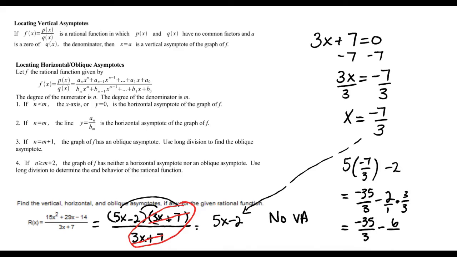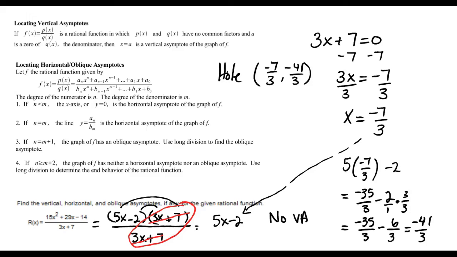So that would be 6 over 3. Now I have a common denominator, I can combine the numerators. Negative 35 minus 6 would be negative 41. And so I would have a hole in the graph at the point negative 7/3 and negative 41 over 3.